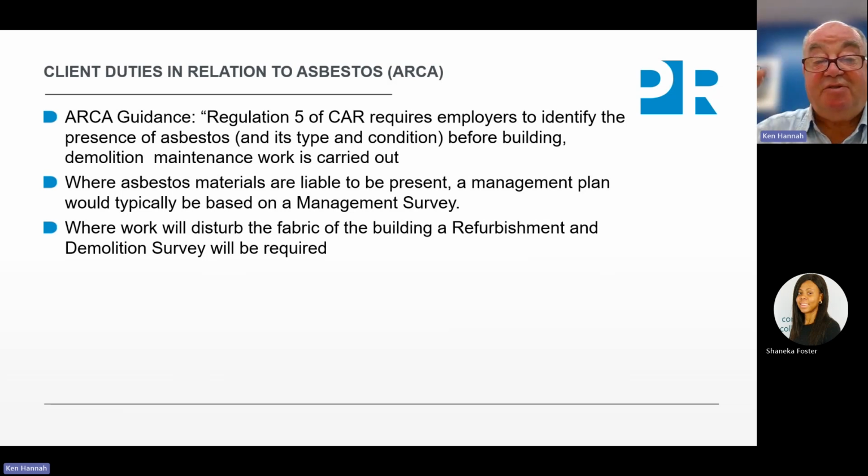Now, a management survey is just a desktop survey to see: is there an asbestos register, when was the building built, where are the hotspot areas where asbestos materials may have been used to insulate against cold and to protect against heat, which are the most common uses, but not the only ones. So any work that will disturb the fabric of the building requires a refurbishment and demolition survey.